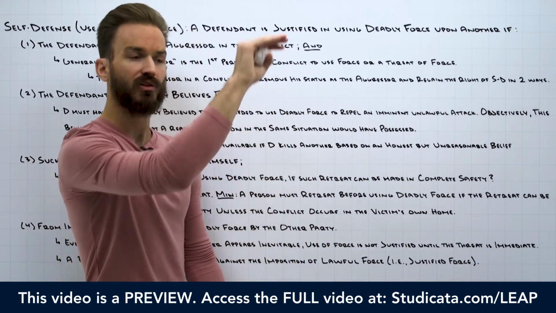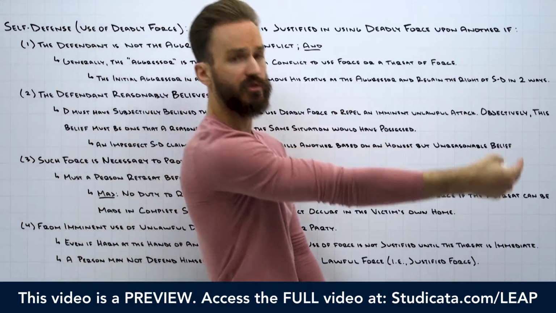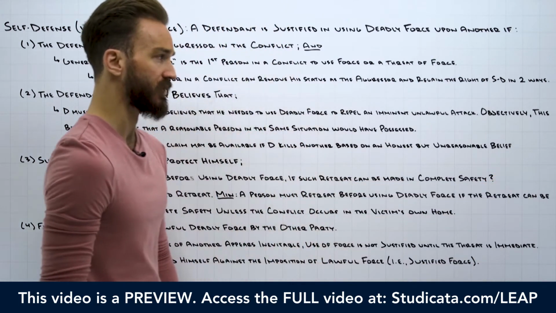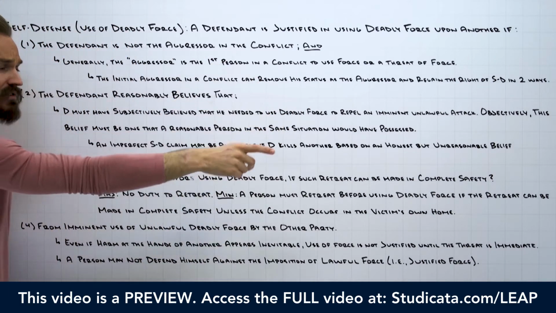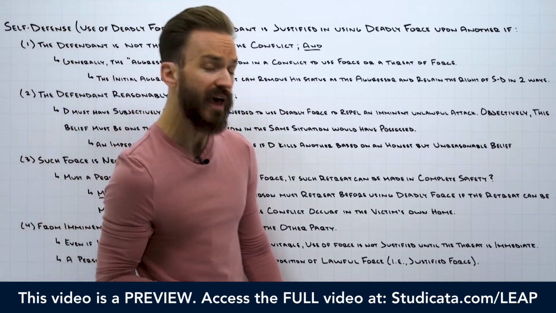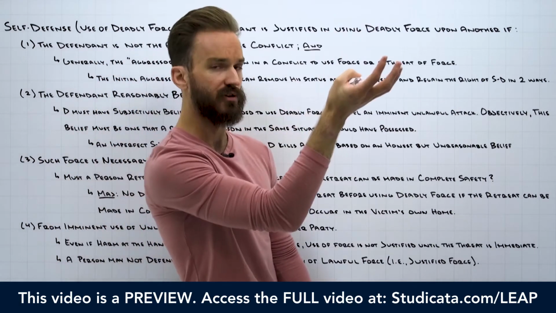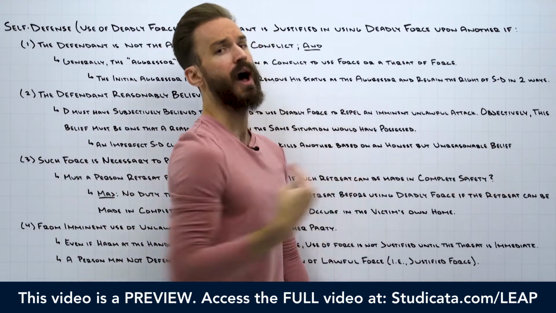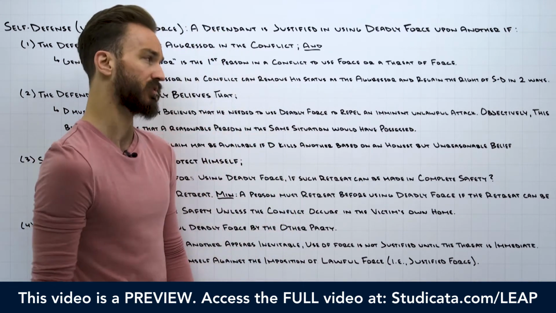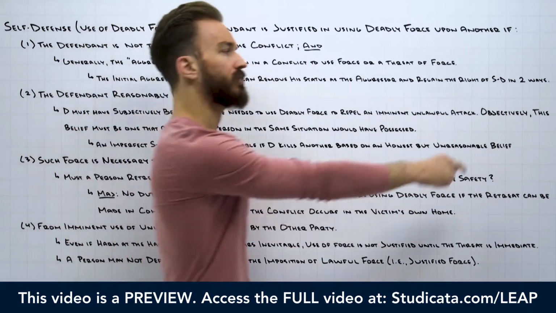That escalation actually makes the other side the aggressor. So he now loses his right to claim self-defense. He becomes the aggressor. I lose my status as the aggressor. So that's the first way.